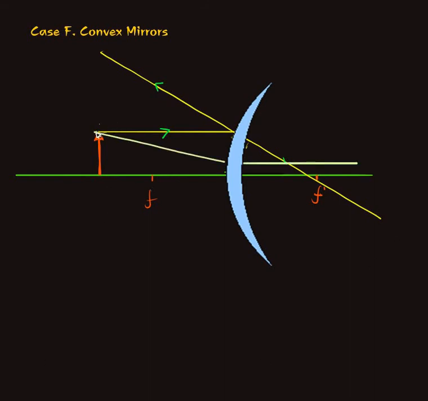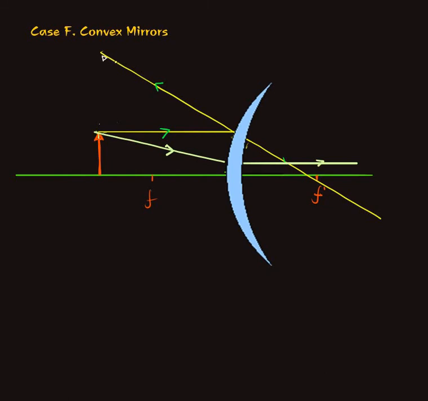Now look here, a ray that goes up, pointing basically at the focus. When it hits the mirror, it will go parallel to the optical axis, right? So look at this one. The first ray goes parallel to the optical axis, and we would think it would go to the focus.